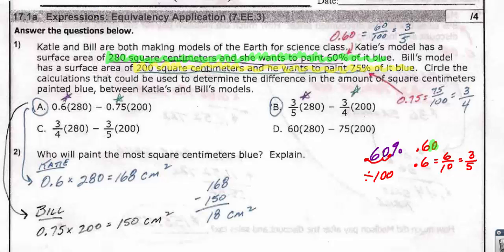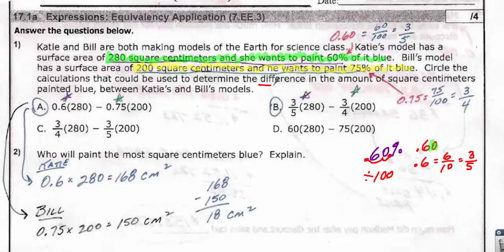Now we're ready to answer question 1. Which of these expressions matches that story problem? Well, we can see that in A we have 0.6 with the 280, 0.6. We have 0.75 with the 200. That works. B also works. 3/5. That's the fraction for 60% with the 280. 3/4 with the 200.